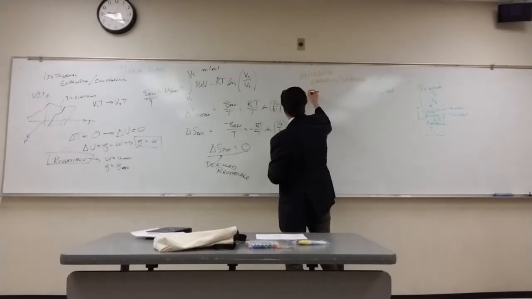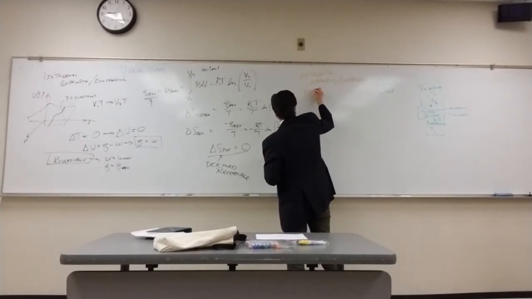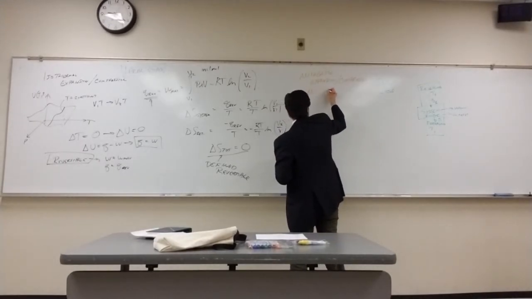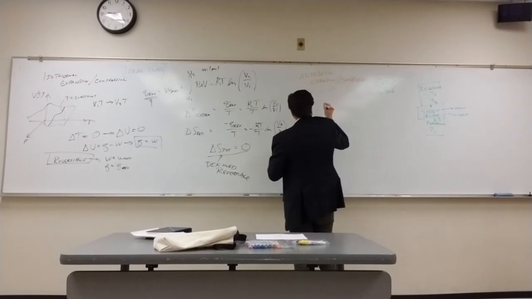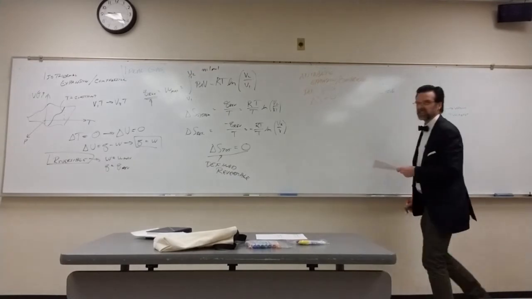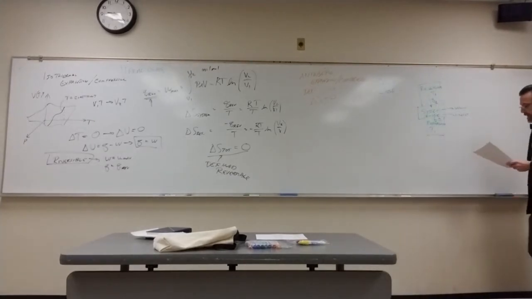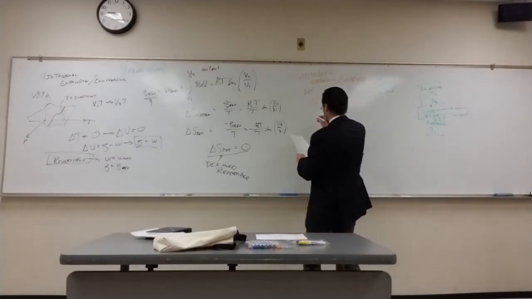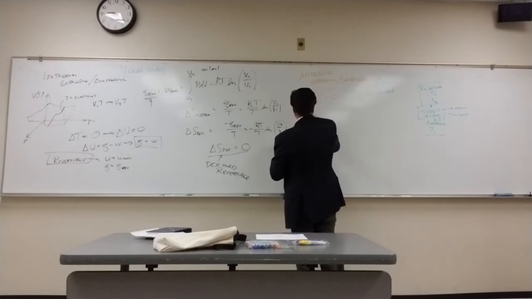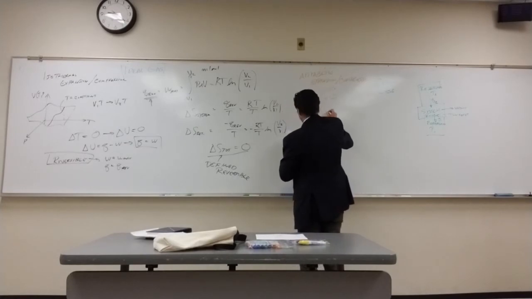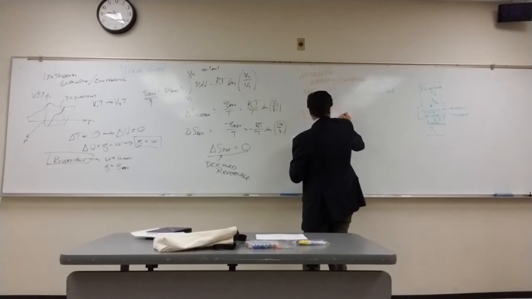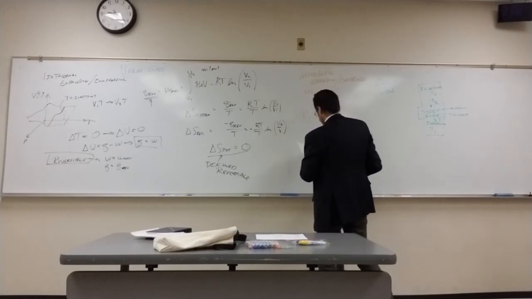By definition, Q equals 0, which means delta S equals 0, and it's reversible. And we also had that P1 V1 to the gamma equals P2 V2 to the gamma.